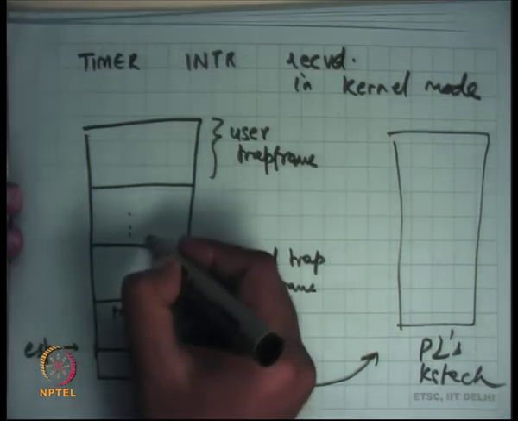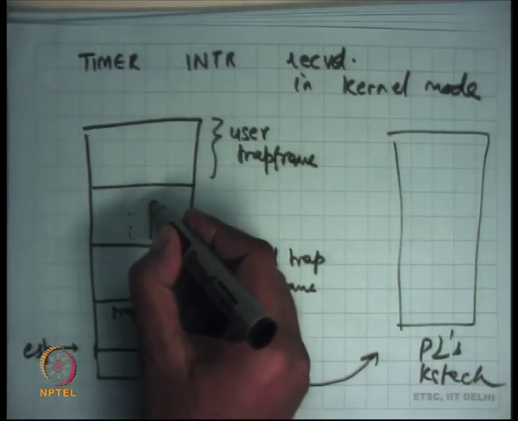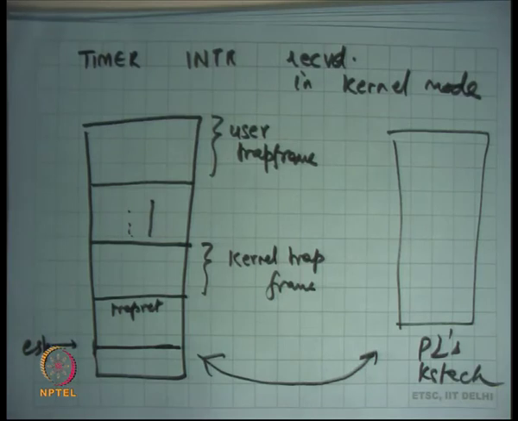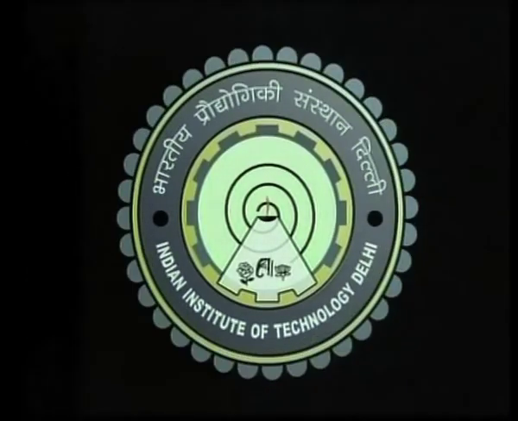Now it will execute again in the kernel even after returning from the trap, and then it will again do trapret and go back to the user. So it is possible for the kernel stack to have two trap frames, one for the user and one for when it was executing in the kernel and got interrupted again. Okay, let us stop.